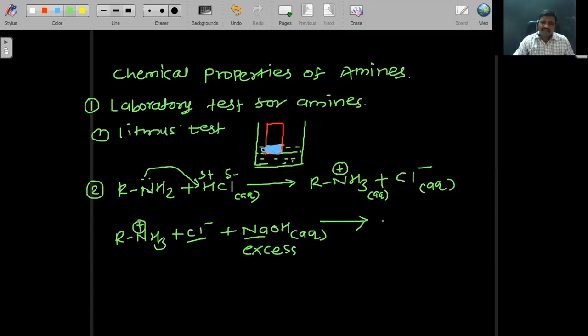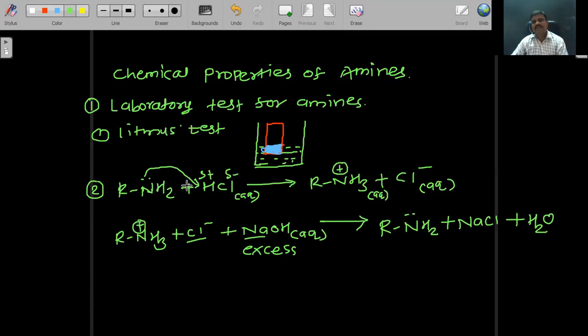So the products are R-NH2, nitrogen with lone pair, plus NaCl plus H2O. This is the detection of the basic nature of amines.